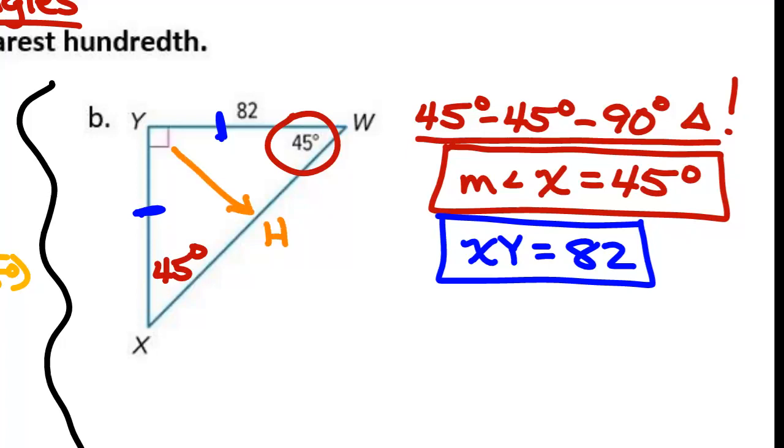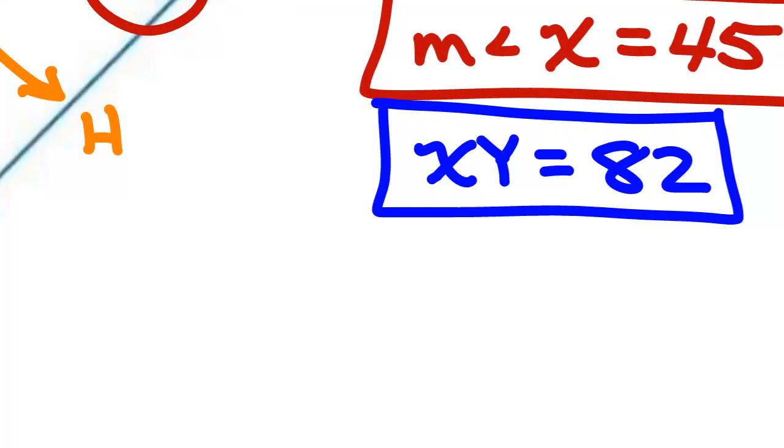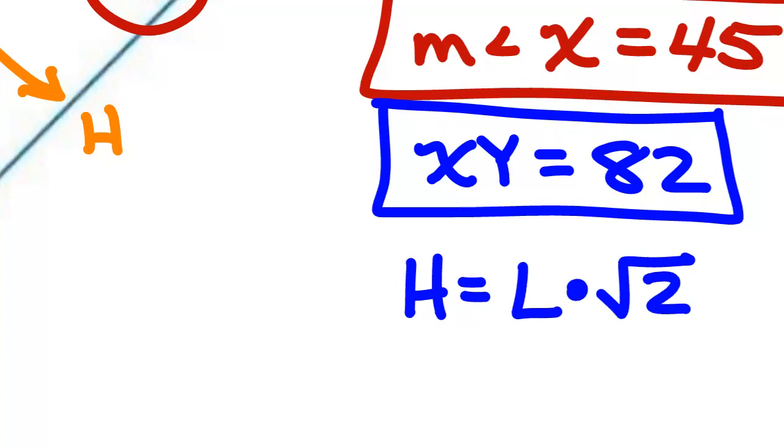Speaking of the hypotenuse, we still need to find that. Triangle sum theorem works for my angles. So I could have used that to find the other 45-degree angle if I needed to. We have to use our special right triangle rules, or you could use sine, cosine, tangent, or you could use Pythagorean theorem. But the hypotenuse of a 45, 45, 90 triangle is equal to the leg times the square root of 2.